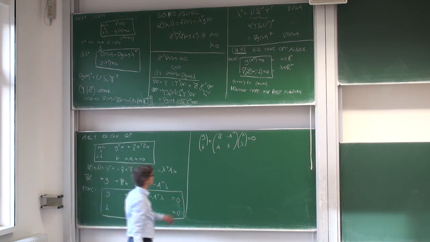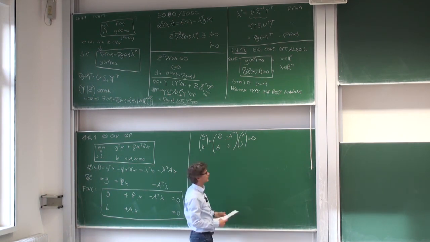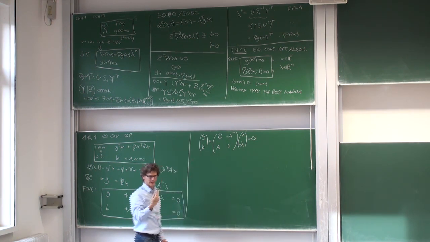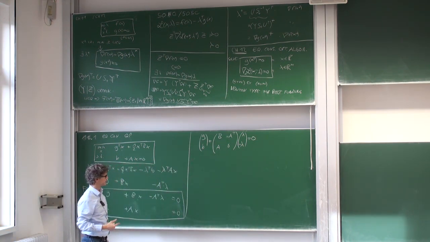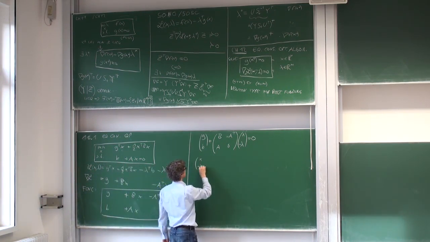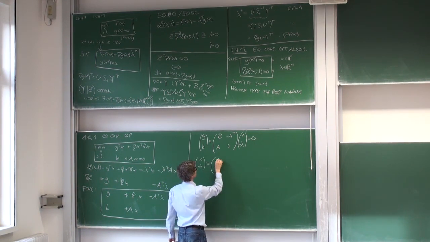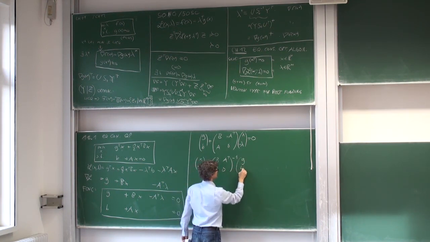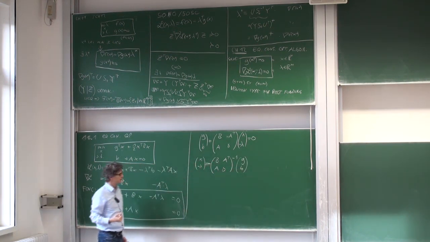Because we like symmetric equations, and this looks nearly symmetric, we could just decide to have this minus sign there. So I move it from here to there, and it will not change anything. Then I look for minus lambda, and afterwards I need to put a minus sign once I have found the solution. So what we see here is that x and minus lambda can be given by the inverse of this matrix, with a minus sign in front, applied to g and b, and we would have solved our QP.